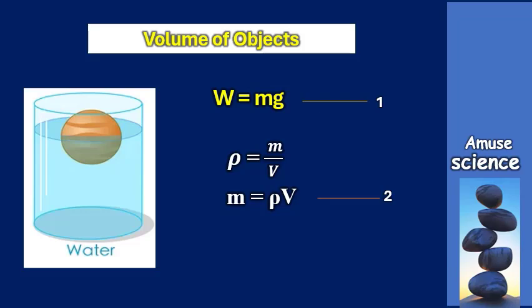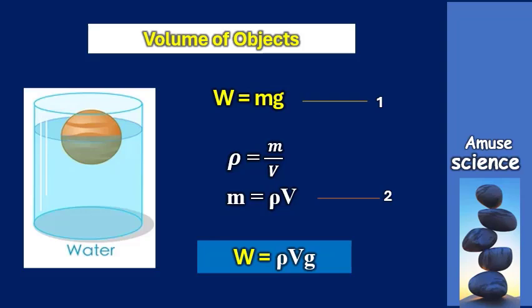We are going to copy equation 1. Wherever we see m, we put density times volume there. So we are going to get W is equal to rho V g. And this is the formula for finding the weight of the liquid which is displaced.